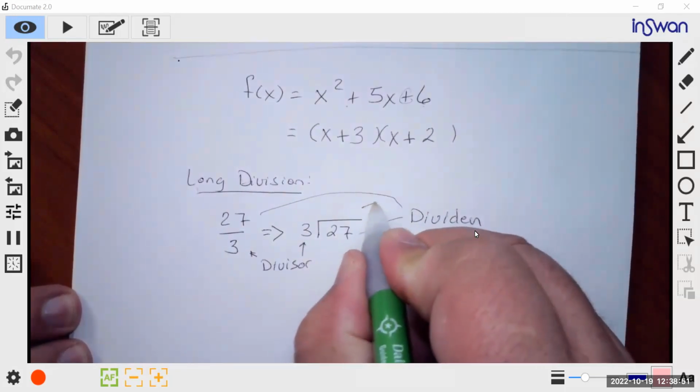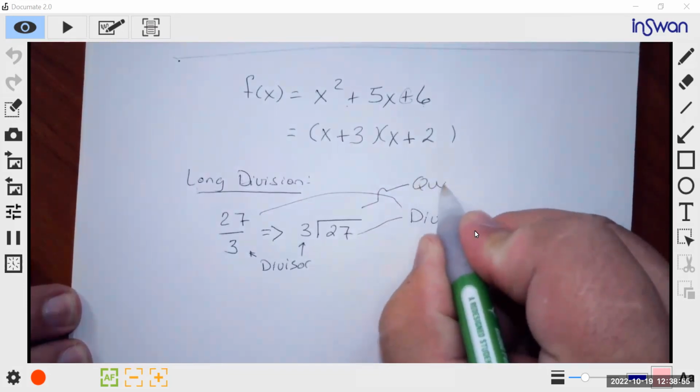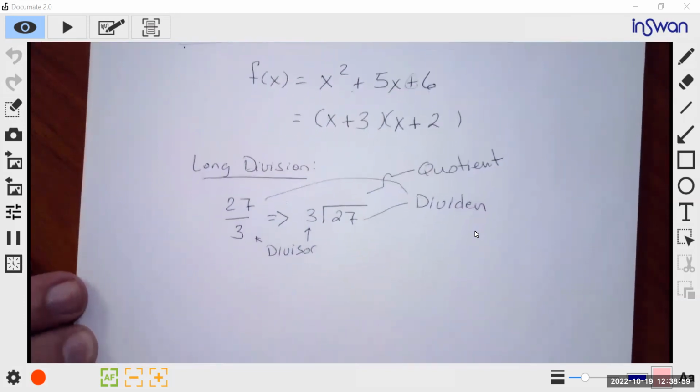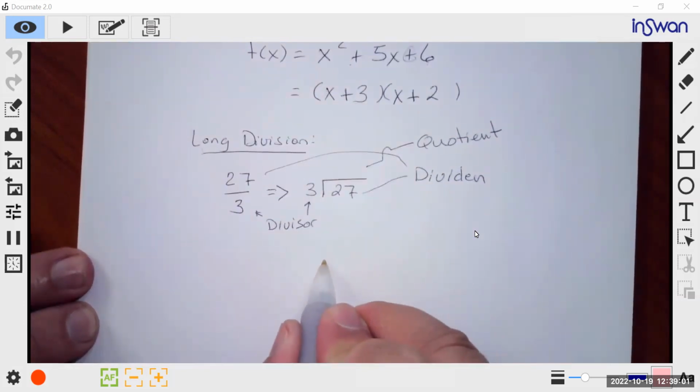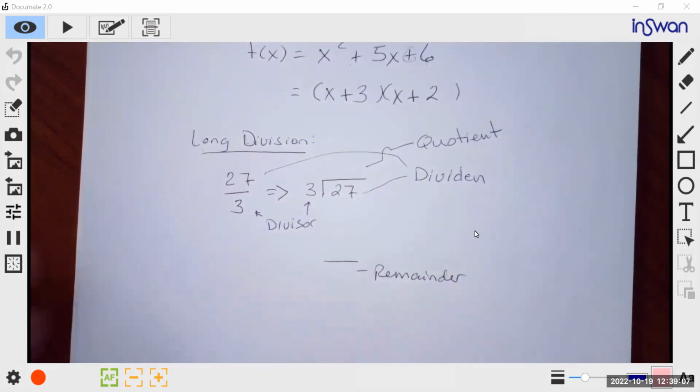The answer we get on top here is called the quotient. And whatever we end up with here at the last step is called the remainder. Those are the pieces of it.